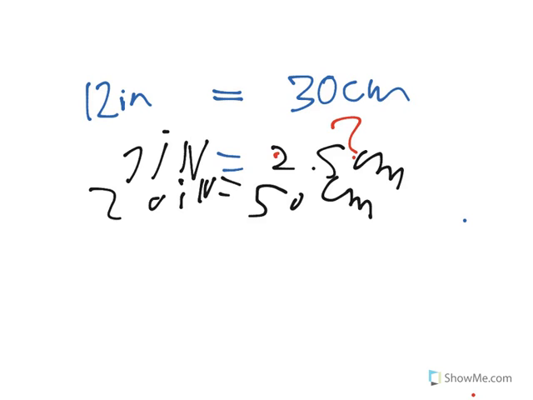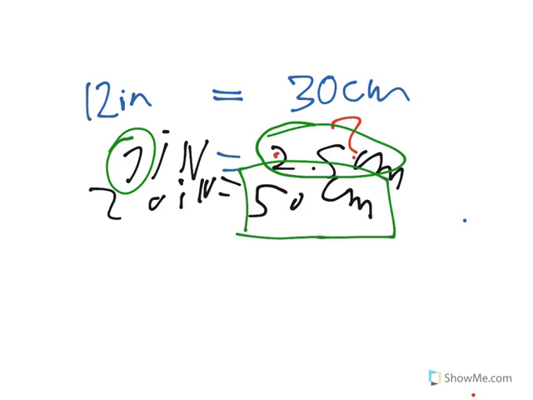You nailed this. You divided 12 by 12 to get 1, and then you divided 30 by 12 to get 2.5. So that means 1 inch is 2.5 centimeters. So then 20 inches would be 20 times 2.5, and you get 50. Does that make sense?